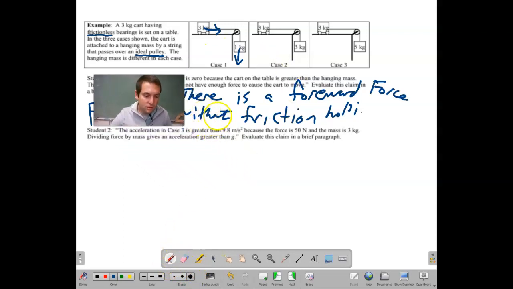What's next? Student 2, the acceleration in case 3 is greater than 9.8 meters per second squared because the force is 50 newtons and the mass is 3 kilograms. Dividing force by mass gives an acceleration greater than g. That's not how physics works. Because if we look at this as a total system, the total mass, remember, is 8, 5 plus 3.